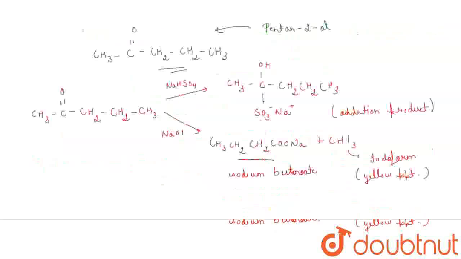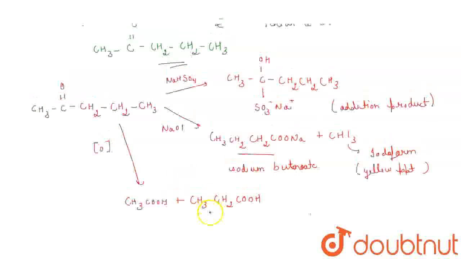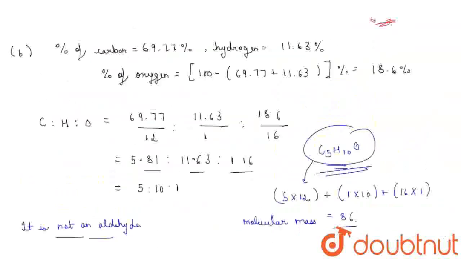Now it is clear, right? Moving forward, when this pentan-2-one is oxidized, it gives CH3COOH plus CH3CH2COOH. This is propanoic acid and this is ethanoic acid, right? So this is the solution.